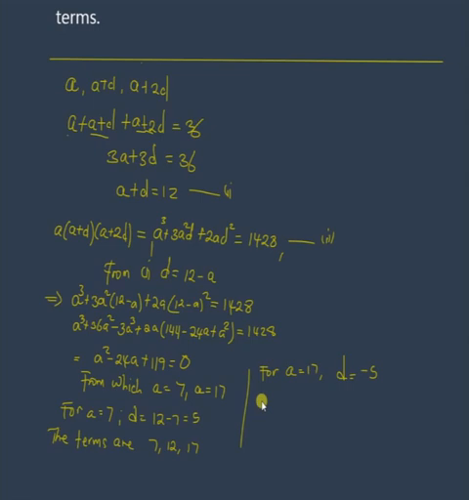The three terms we are looking for: the first one is 17, followed by 17 minus 5, that is 12, then 12 minus 5, that is 7. We are having the same numbers, one in ascending and another in descending order. So those are the terms which we have got.